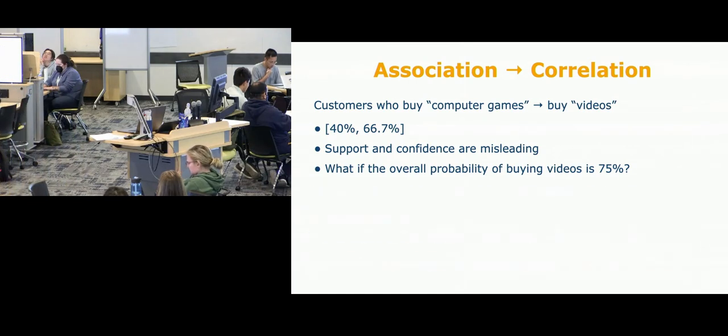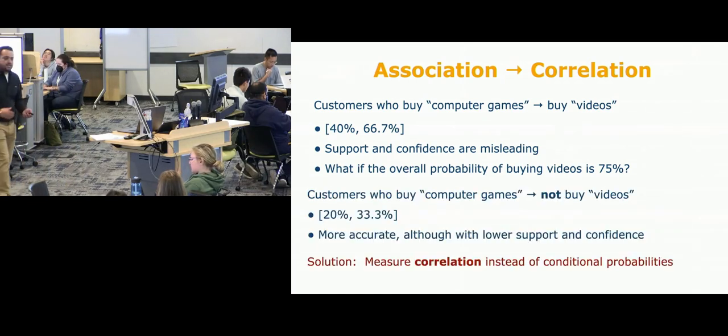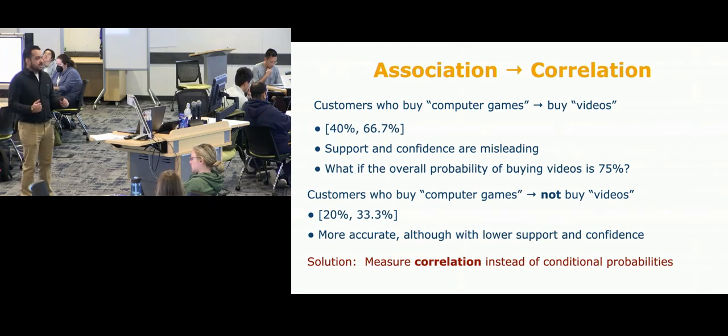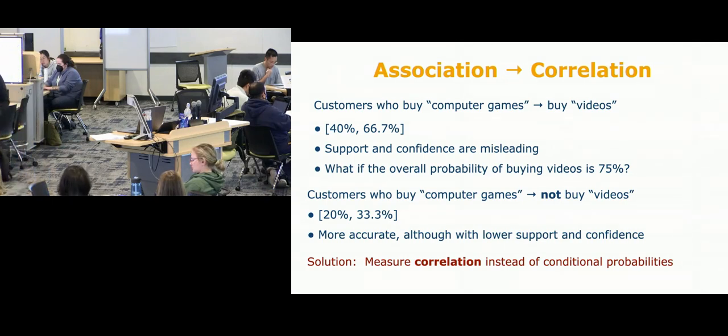So what's happening here? Now let's think about a converse pattern, basically a complement of this. Let's think about an association rule: people who buy computer games and do not buy videos. It turns out the support of that rule is 20%, and the confidence is 33.3%.